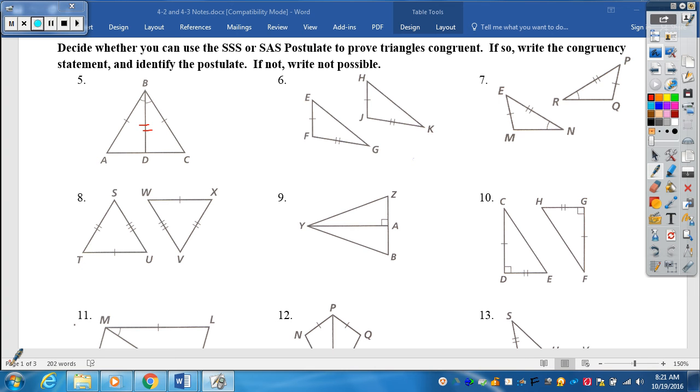Now I look at my picture and ask, do I have side-side-side? No, I don't. I don't know that AD is congruent to DC. Do I have side-angle-side? I do. The reason is that this angle here at B is between the two congruent sides, as is this one, okay?